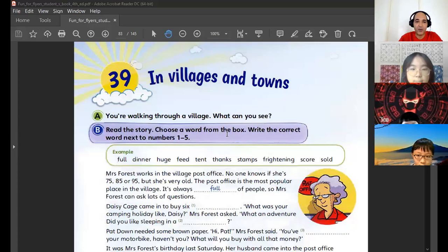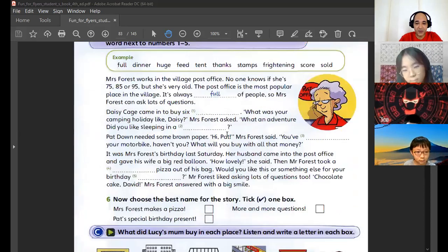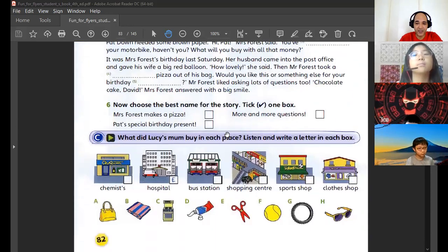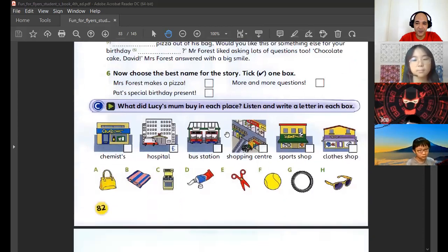Right, okay then, guys. So today we are on Unit 39, and the title of this unit is In Villages and Towns. You have done this page already, page 82.